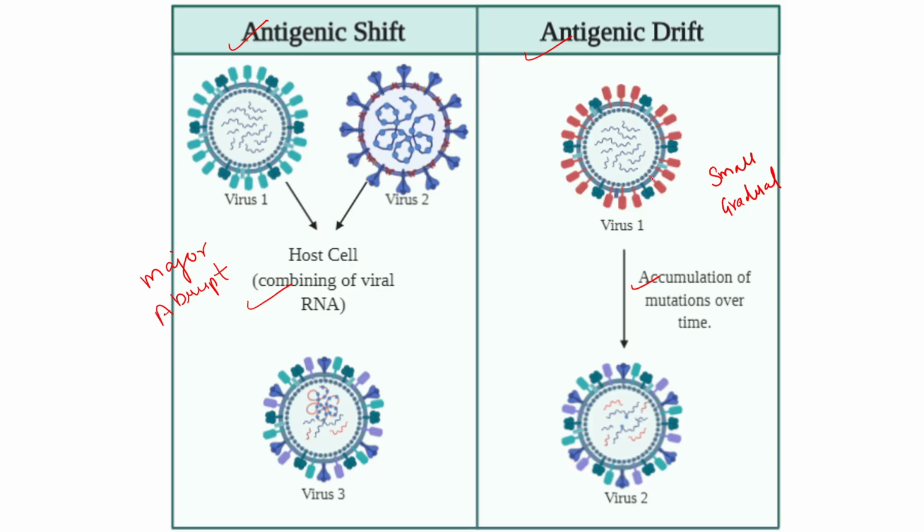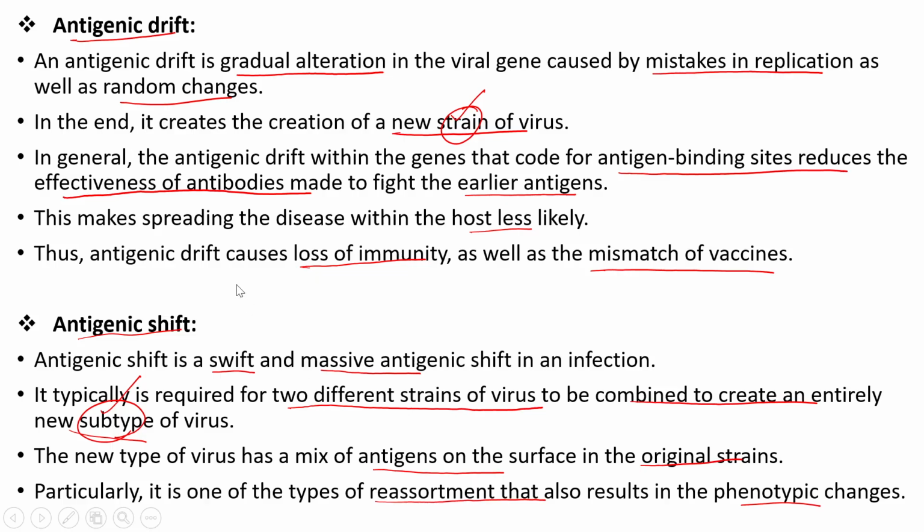Only the outside things are changing, so it is an accumulation of mutations over time. But in the case of antigenic shift, it is a complete shift. Virus 1 and virus 2, two different viruses, are combining together. Their viral RNA is combining and they form a completely different type of virus. So this is antigenic shift, completely shifting from there.